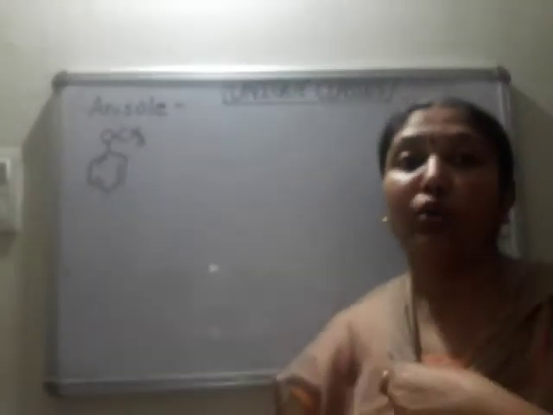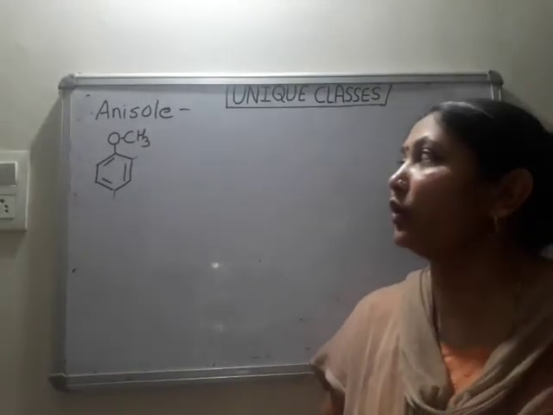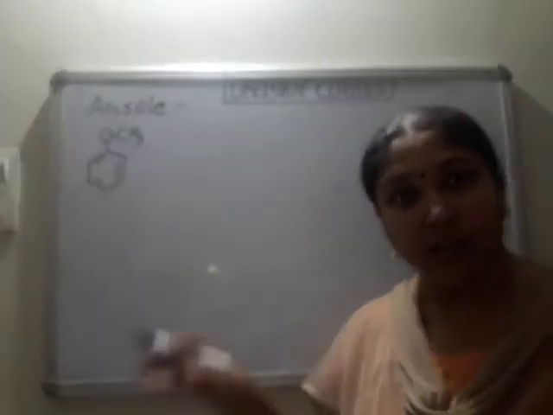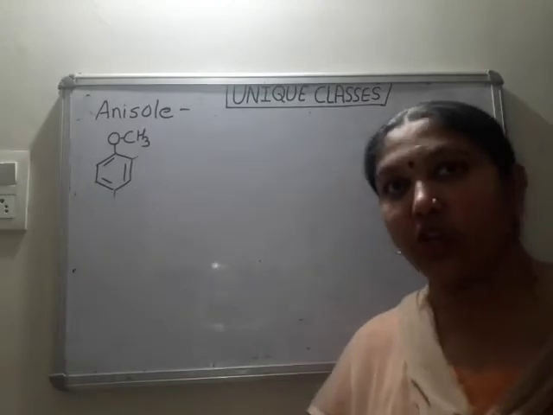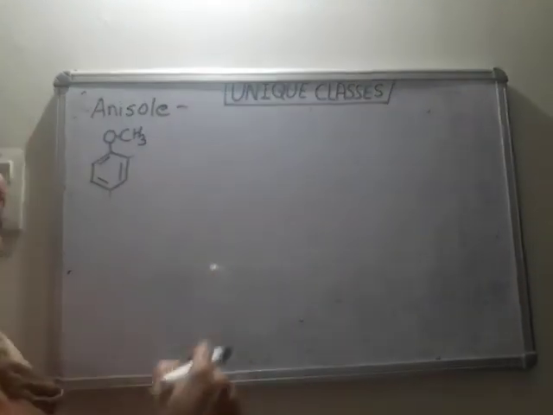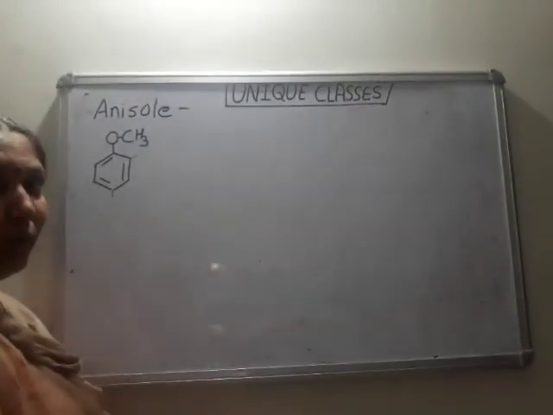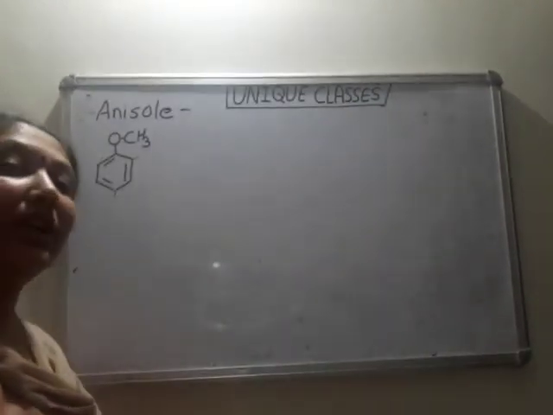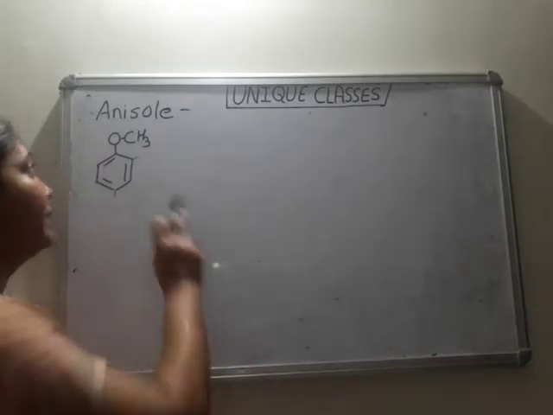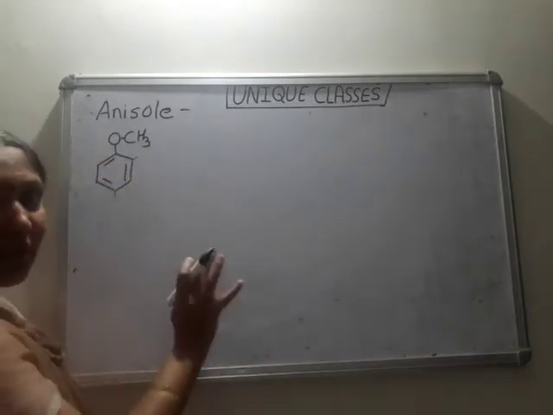Now why ortho and para position? So in 11th also we have discussed resonance structure, nature of this OCH3. OCH3 is electron donating group. I told you one trick how to find whether it is electron donating or withdrawing. Benzene ring is attached to oxygen.